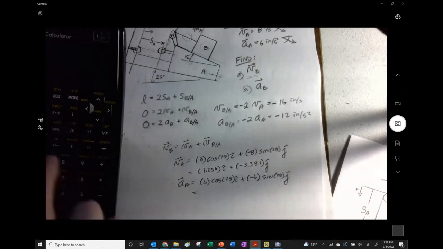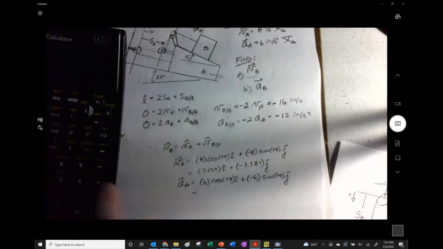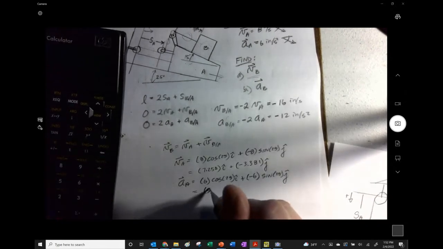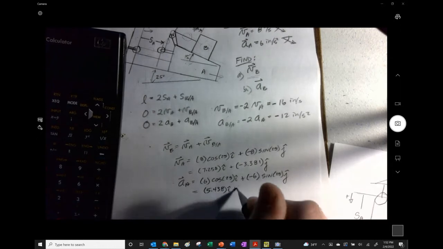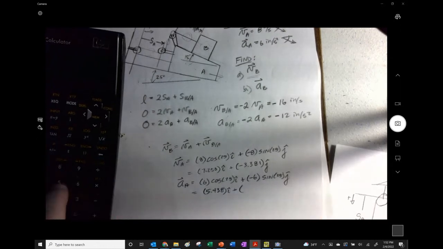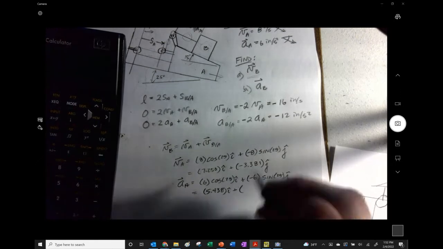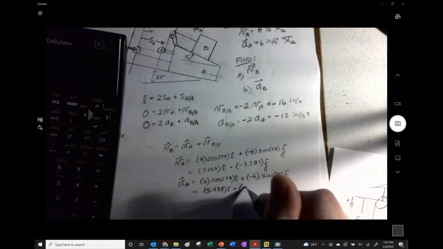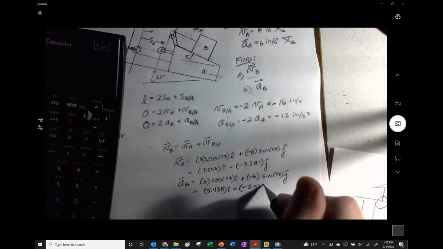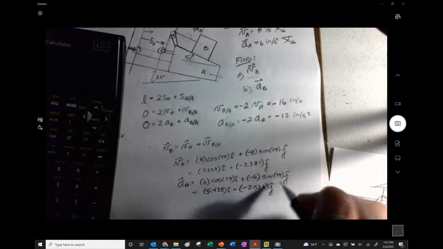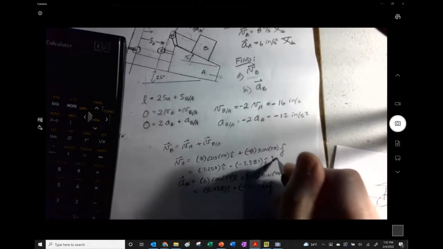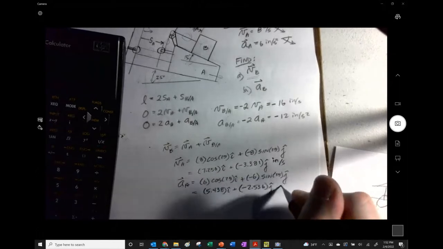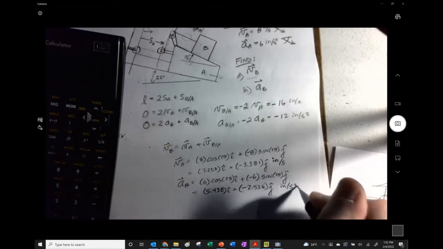So 6 cosine 25 times gives 5.438i, and 6 sine 25 times, so negative 2.536j. These are inches. I've turned the meters into inches, and this is inches per second squared. Okay.